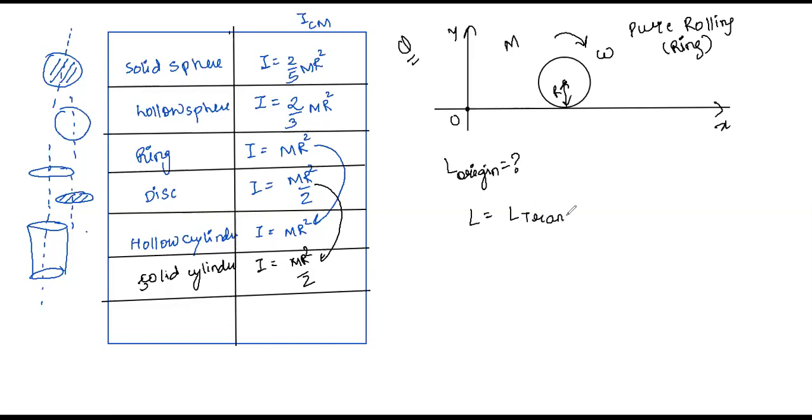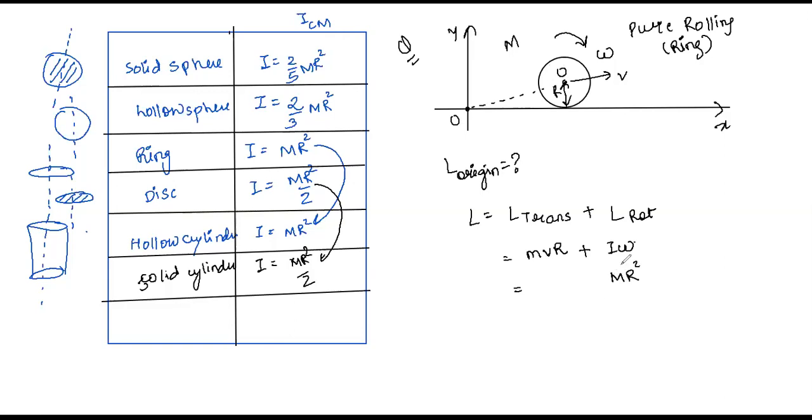We have L is equal to L translational plus L rotational, right? And we have L translational given as MVR, because the velocity is in the forward direction and this is R. So with respect to origin, the perpendicular distance is nothing but the radius, and L rotational is given by I omega. We know I for a ring about its center is MR square, because this entire ring is rotating about the center.